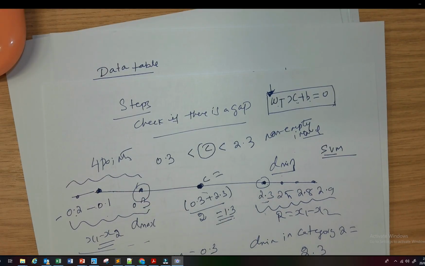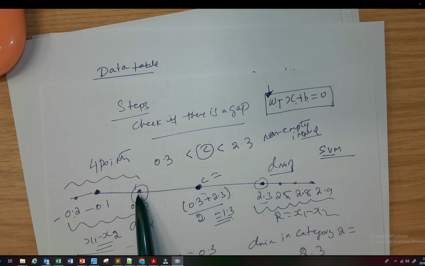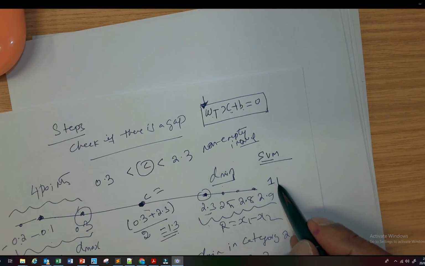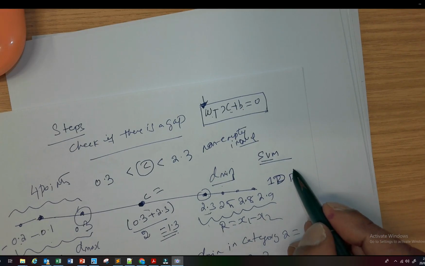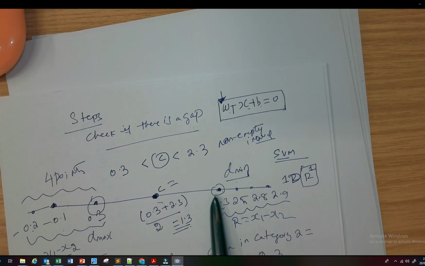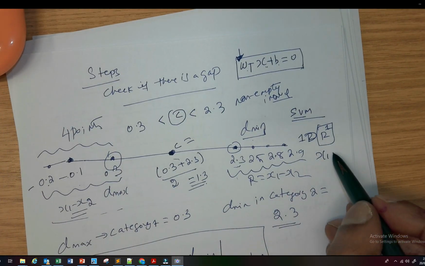So let's write that one. This is x. Each point here is nothing but x1 minus x2, isn't it? So now we are dealing with one-dimensional space, or R raised to the power 1. Each point represents one feature, and that one feature is nothing but x1 minus x2.